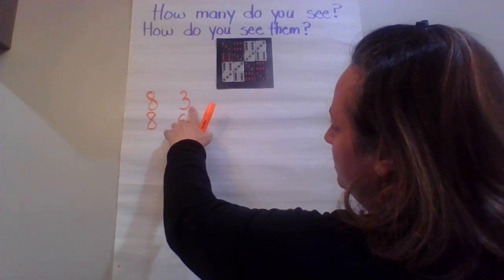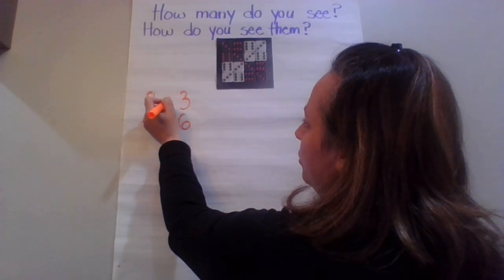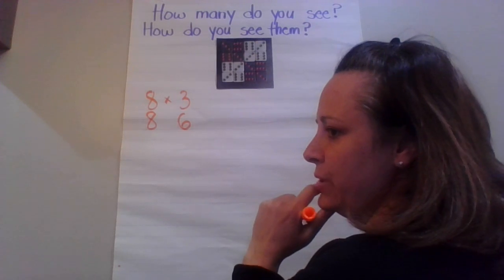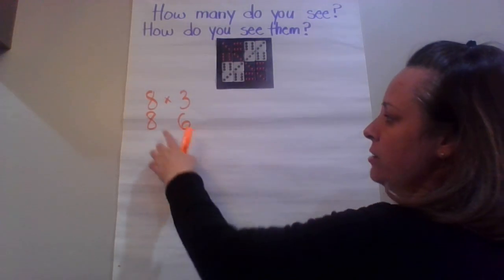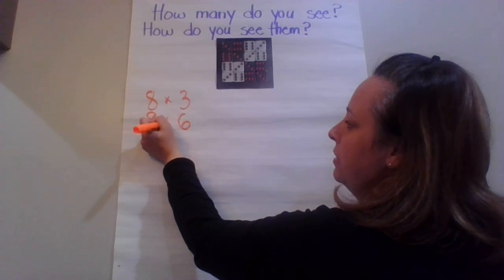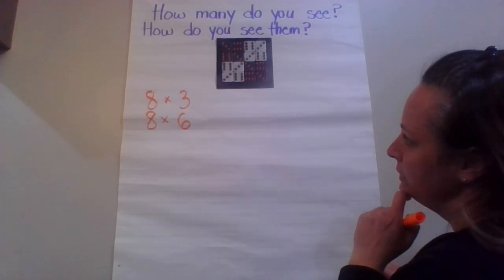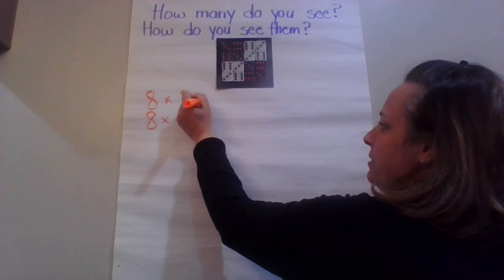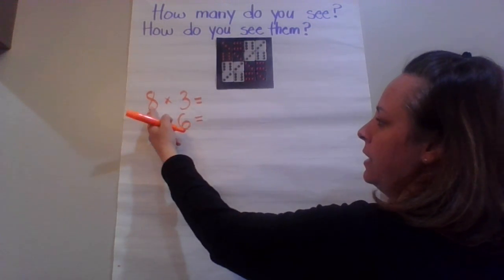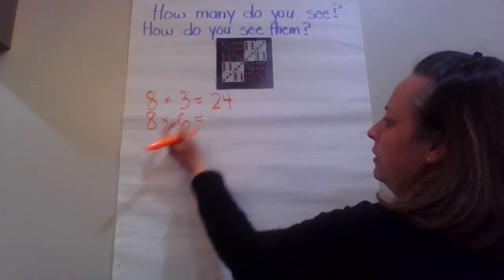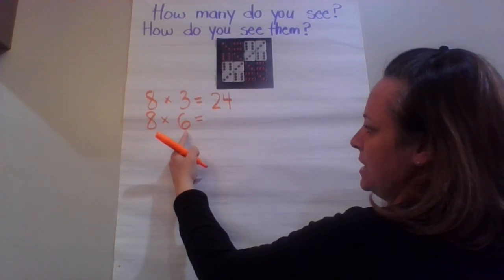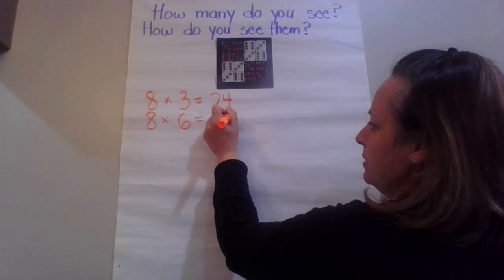That makes me think that I have 8 groups of 3, and groups of usually means multiplication. I also have 8 groups of 6 pips. So if I multiply these, 8 groups of 3 is 24. 8 groups of 6 is 48.